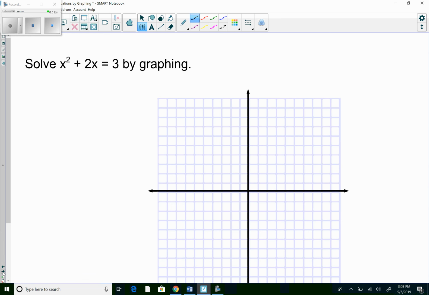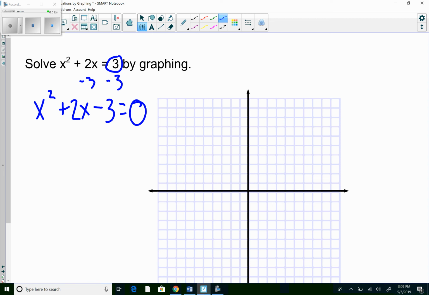Solve x squared plus 2x equals 3 by graphing. The first thing that you may notice is they, right off the bat, throw one at you that doesn't have everything on the same side. So we have to start by making sure that we get everything on the same side. So we've got x squared plus 2x minus 3 equals 0.